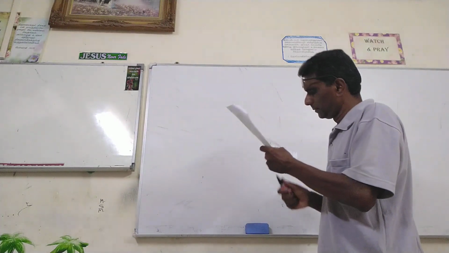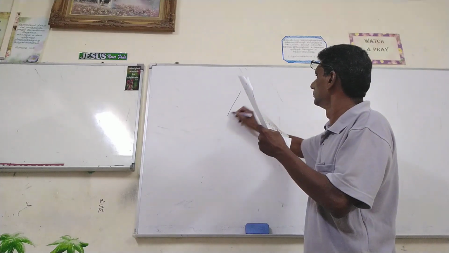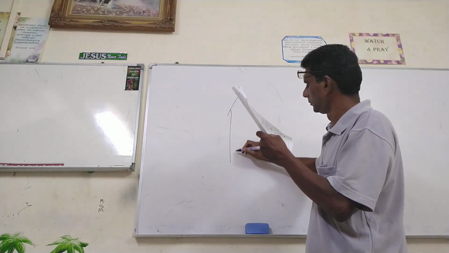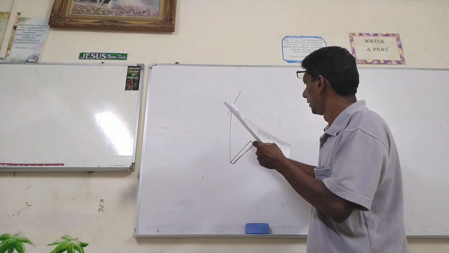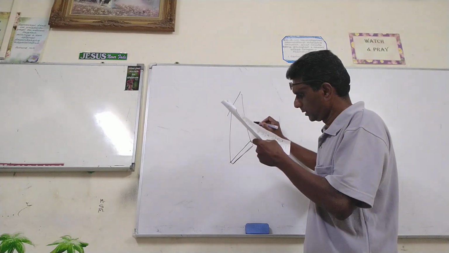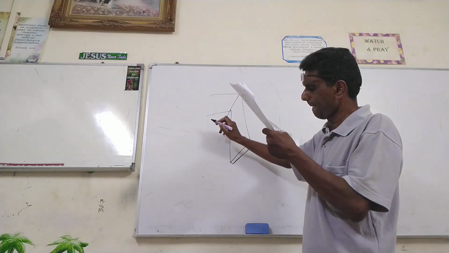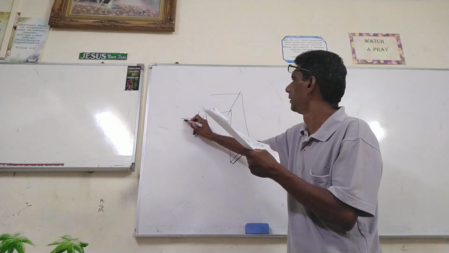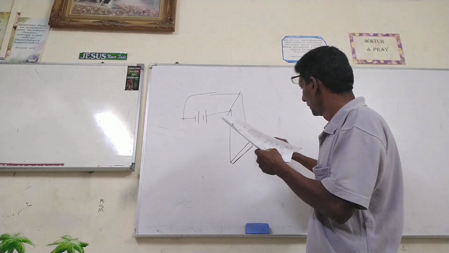This is a wire and the aluminium rod like this. And this is a wire. Positive battery, negative battery here, and another rod.